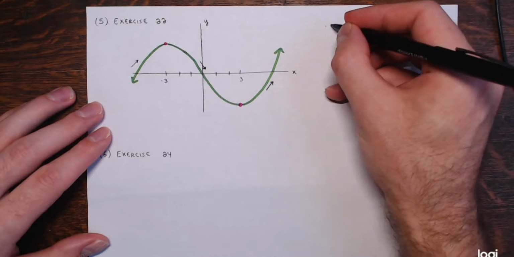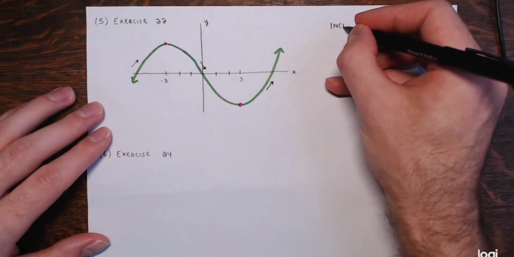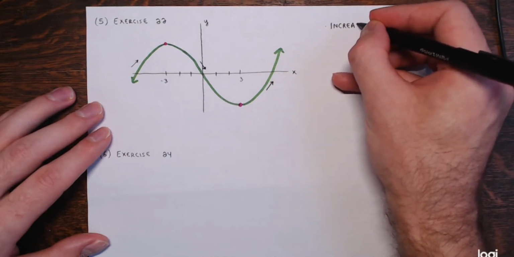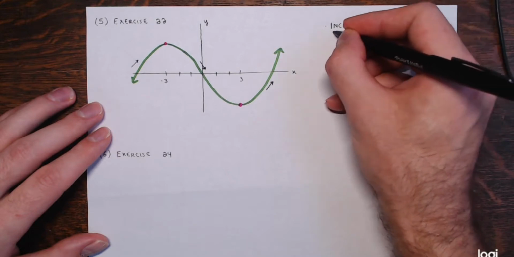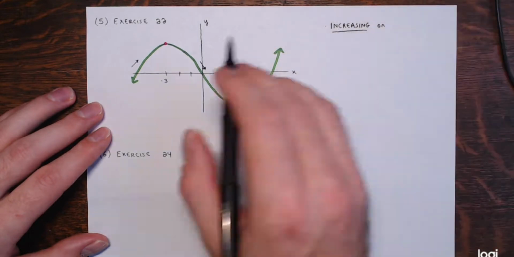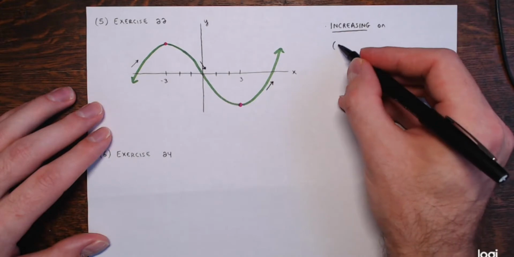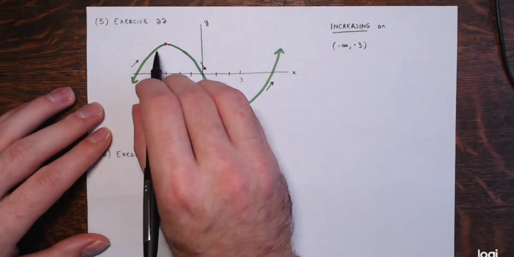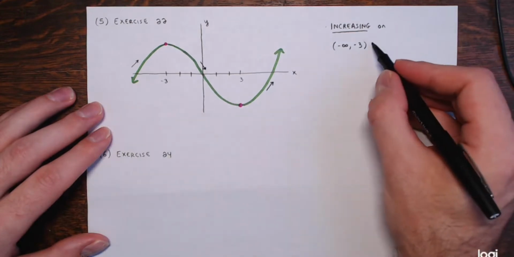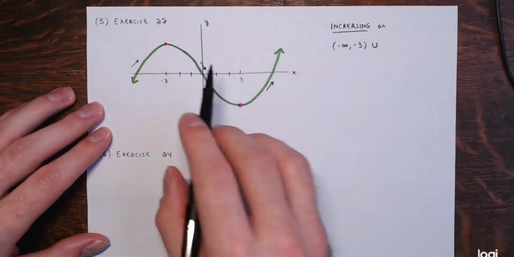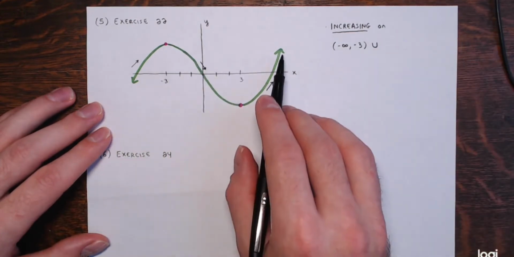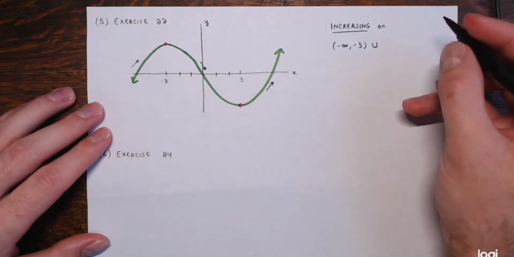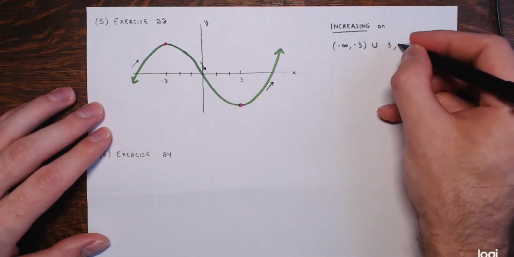So the function is increasing on the following intervals. We have from negative infinity up to -3 on the x-axis. The value of the function is going up. And then we have a gap, in union with, and then from 3 to infinity, the graph function's increasing again, 3 to infinity.